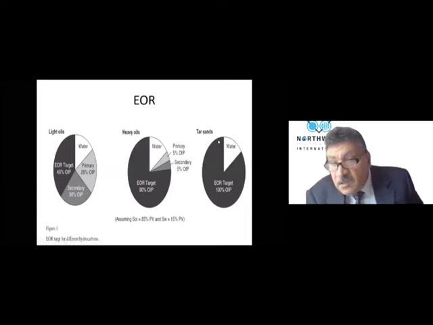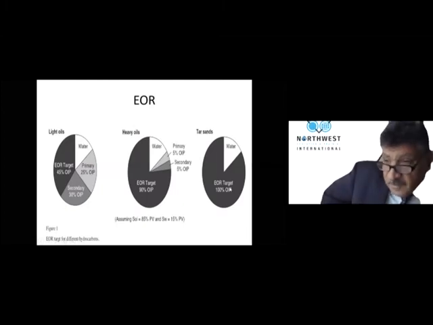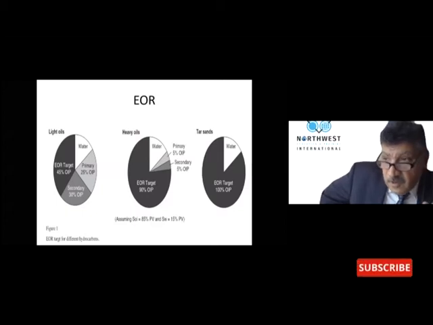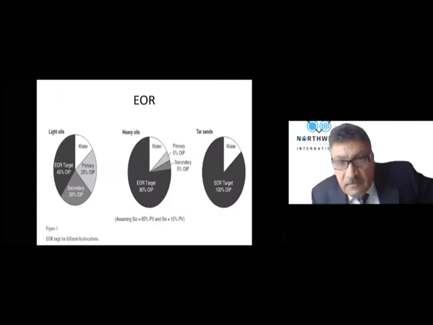Tar: there is no primary, no secondary, merely tertiary in tar. Sometimes called rock oil. If you hear about rock oil in America, this is tar. Or in Canada, or in Venezuela, they have the tar. Rocks, no gas drive, no water drive, just rocks mixed with oil. So they take it out by thermal recovery in this case.